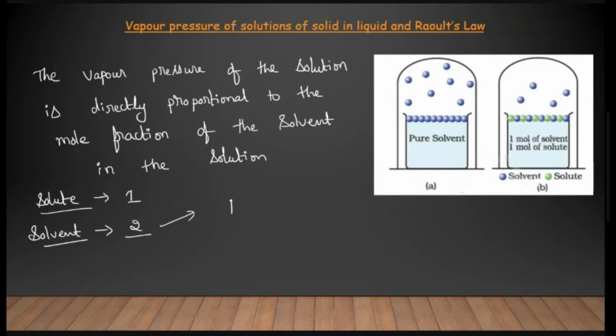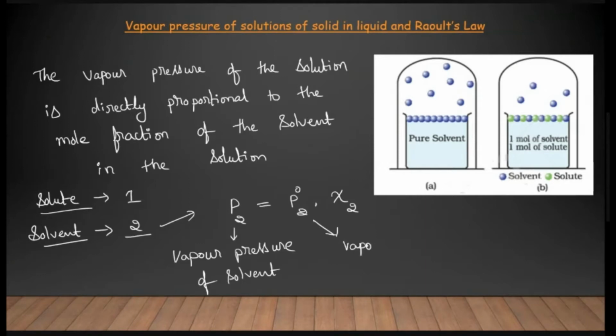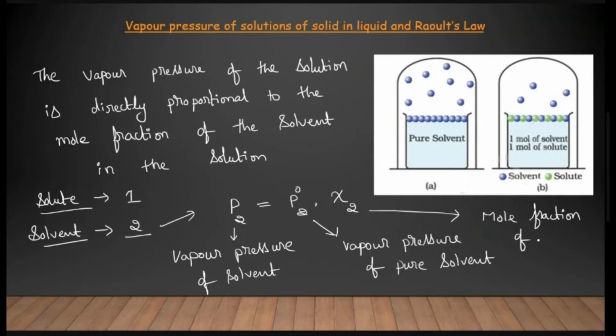So P2 = P2° × X2. Here P2 is the vapor pressure of the solvent, P2° is the vapor pressure of the pure solvent, and X2 is the mole fraction of the solvent in the solution.